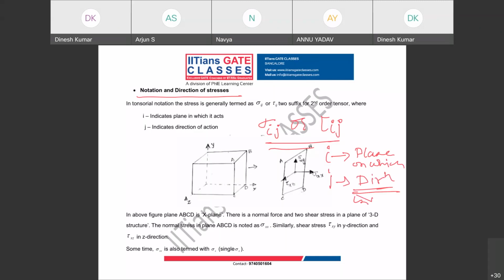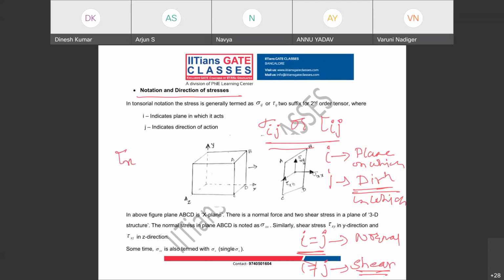Now what happens, guys, if i equals j? Then it is known as normal stress. And if i is not equal to j, then it is known as shear stress. Now I am giving one example.